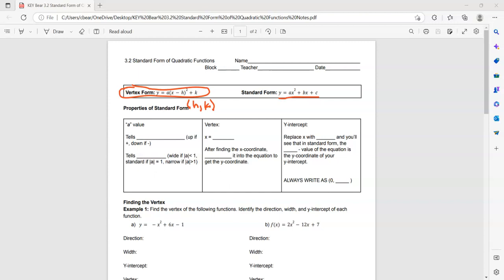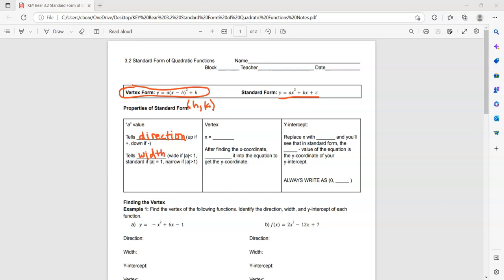Okay, so let's talk real quick about what the standard form does. The A value tells us the direction of the graph. We talked about that last time. They're the same in both forms. It tells us the direction, up if positive, down if negative. But it also tells us the width of the graph, so it'll let us know if the graph is narrow, wide, or standard.